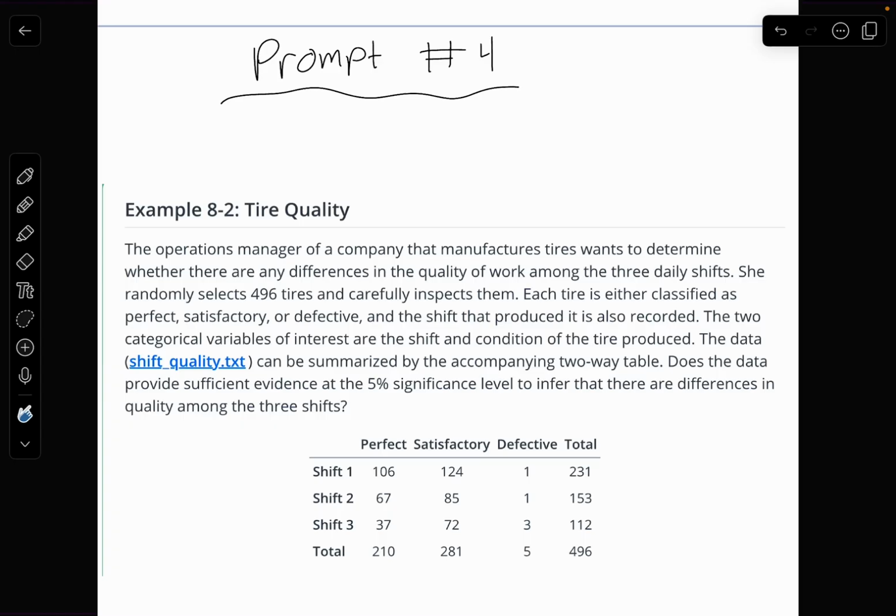The 2 categorical variables of interest are the shift and condition of the tire produced. The data can be summarized by the accompanying table. Does the data provide sufficient evidence at the 5% significance level to infer that there are differences in quality among the 3 shifts? I'll give you a second to think about it.